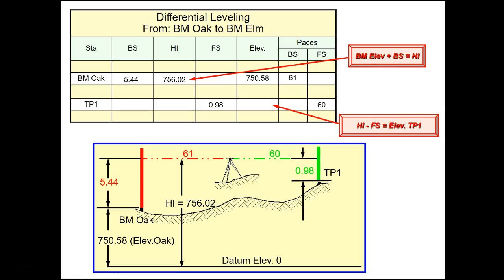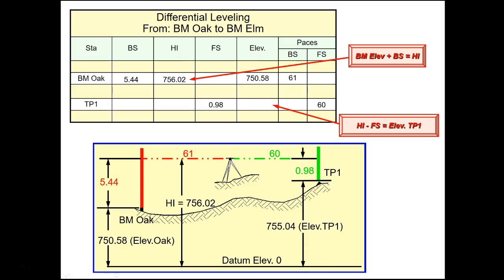Now we're ready to calculate the elevation at turning point 1, and that elevation is equal to the height of the instrument minus the foresight, because remember the height of the instrument is right up here, at 756.02, and if we subtract that value of the foresight, that's going to give us the elevation right here at turning point 1.